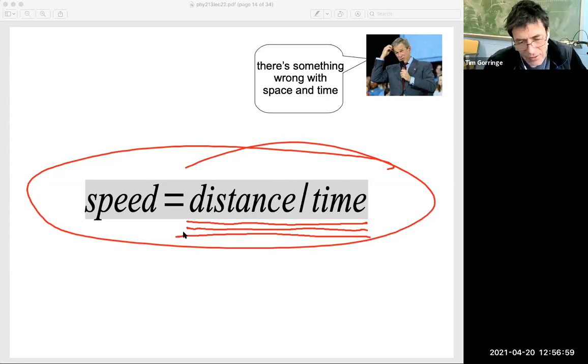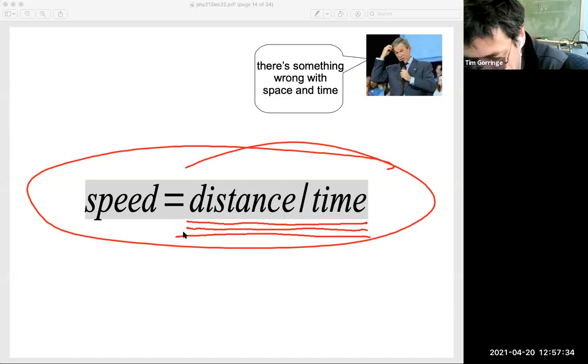What Albert Einstein did, in order to have the laws of physics be constant in all reference frames, and the speed of light be constant in all reference frames, was change everyday notions about space and time, specifically everyday notions about distances or lengths of objects, and about intervals in time, about durations between events. And so we're going to see what he did to space and time.